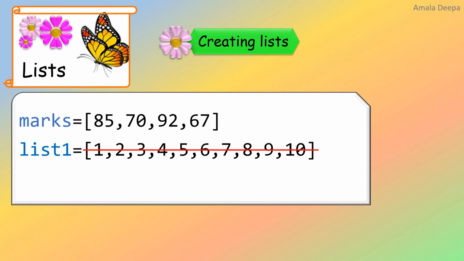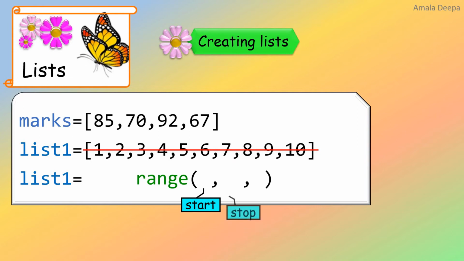list1 is equal to, on the right hand side you take the range function. Range function has 3 parameters: start value, stop value and step value. So you generate the values which you want using the range function. So here I want to generate the numbers from 1 to 10.